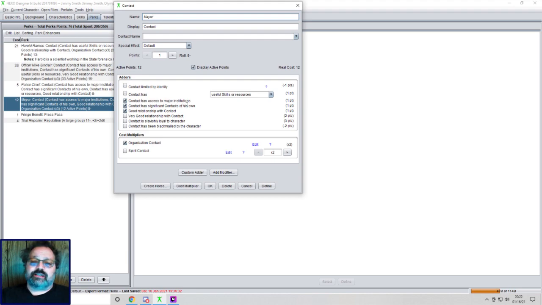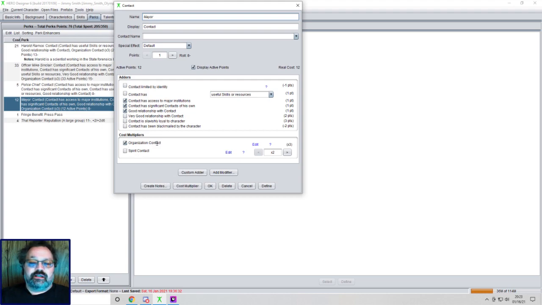The contact has access to major institutions. If he's the mayor, he can access the fire department, police department, and so forth. The contact has significant contacts of his own. You don't get to be mayor without a significant number of important contacts of your own. And the character, the PC, in this case, has a good relationship with this contact.